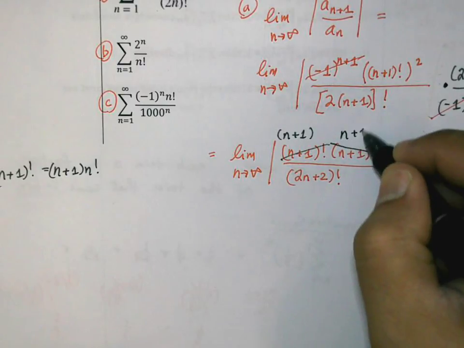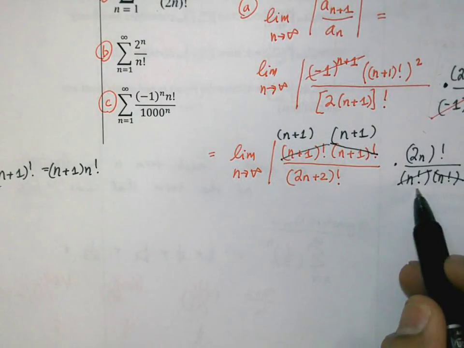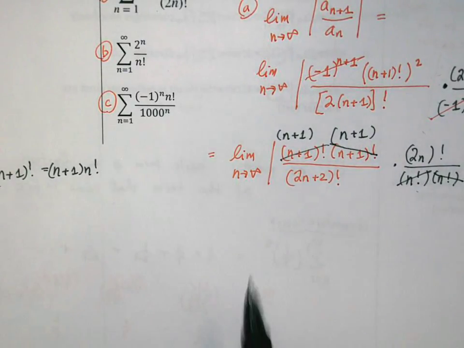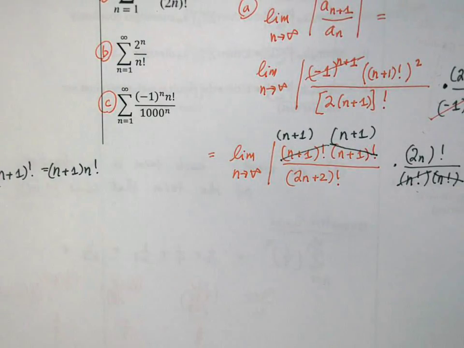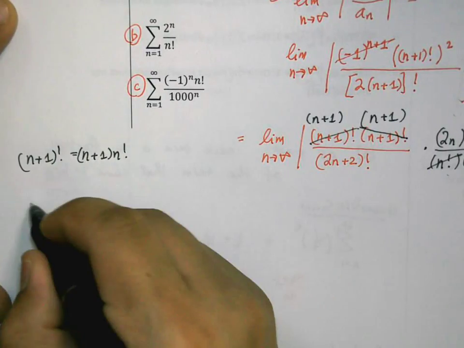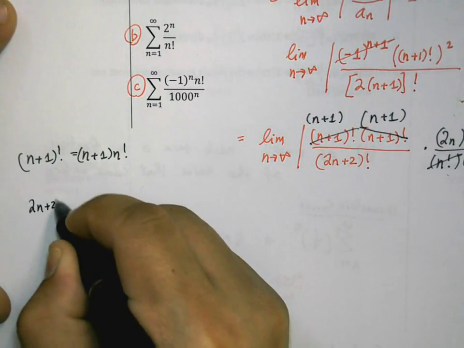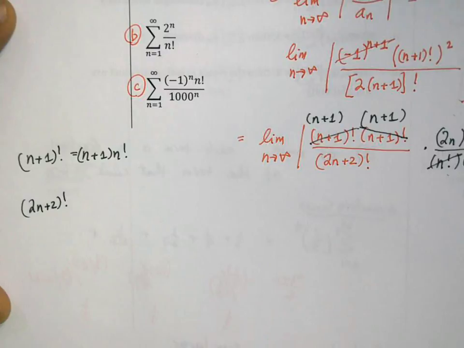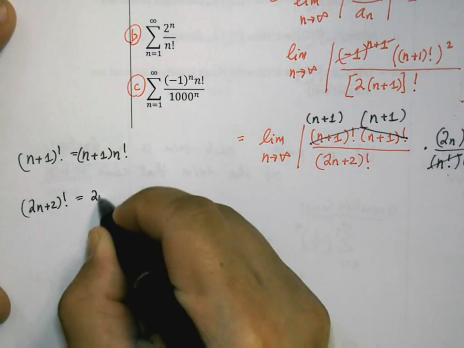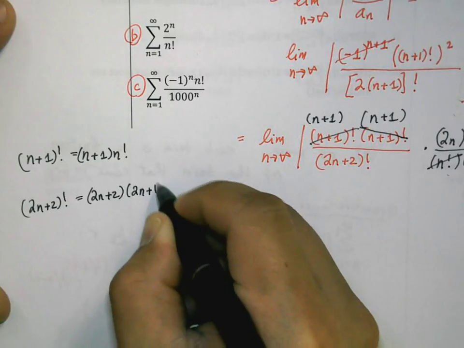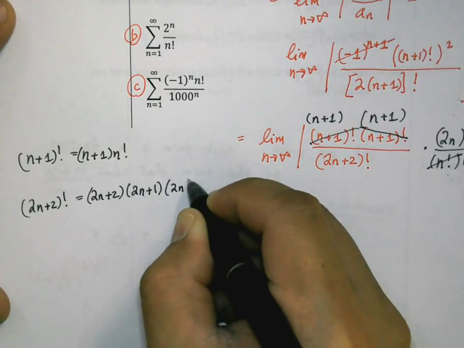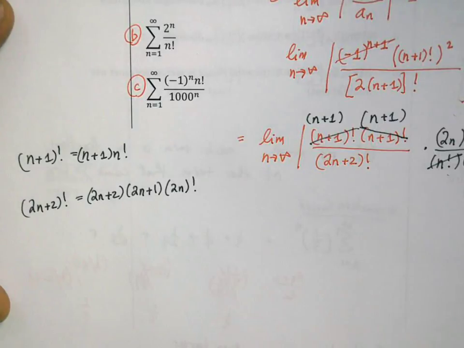So you end up with n plus 1 up here, and this all reduces down to n plus 1 squared. The factorial 2n plus 2 factorial, and I'll write it on the side here, is nothing more than 2n plus 2 times 2n plus 1 times 2n factorial.